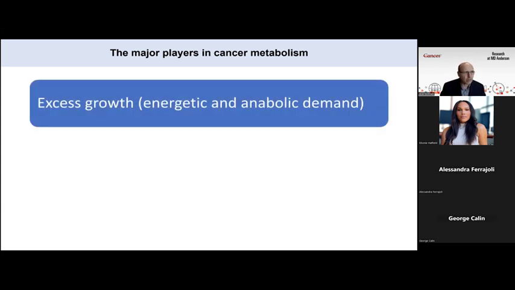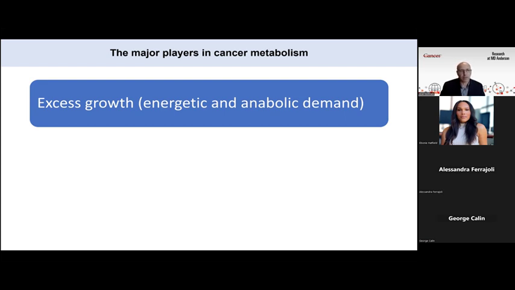I think the best way to describe it is as follows. Cancer, by definition, is a proliferative disorder and therefore requires an anabolic process. There is an anabolic demand for building biomass.